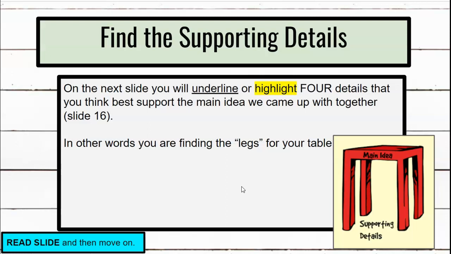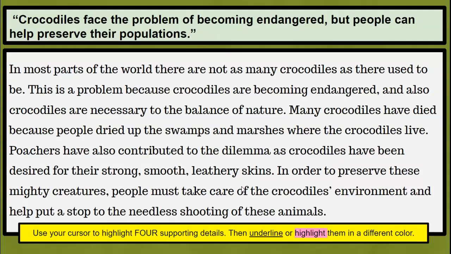They are the evidence telling us that crocodiles are endangered and need help. Go ahead and pause the video, find your 4 details, and once you have highlighted them, you can either underline or highlight them in a different color. Make sure you find 4 different details.